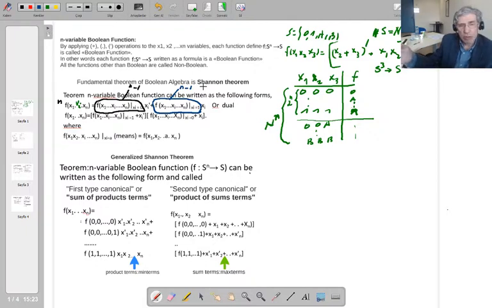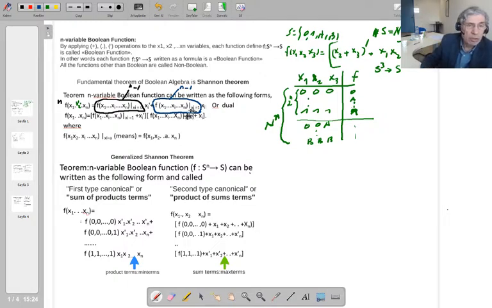It became a bit long to explain, but it is simple. What we are doing is this. We've got an n variable function. We are taking out one of the variables of this function, which is xi, and putting in front of this xi variable a coefficient.